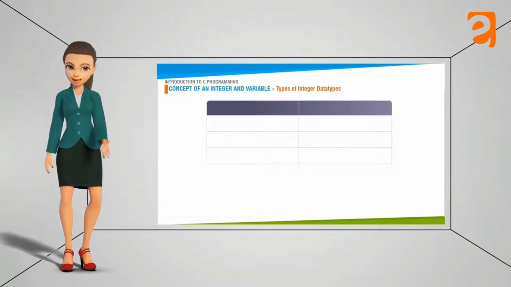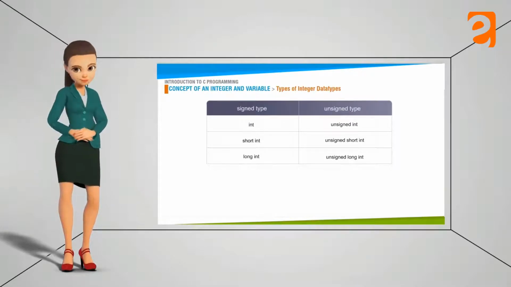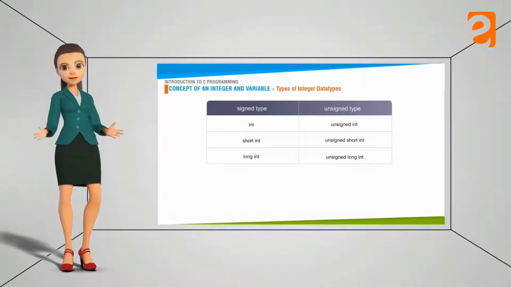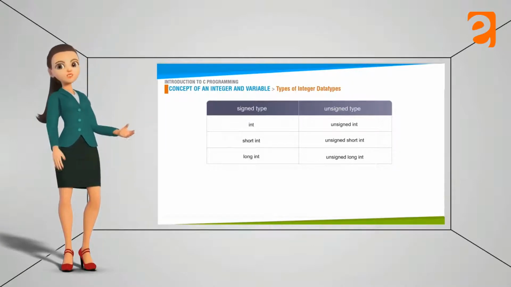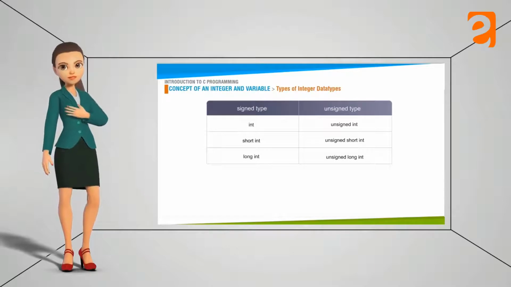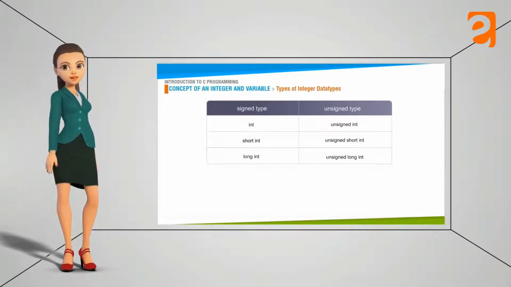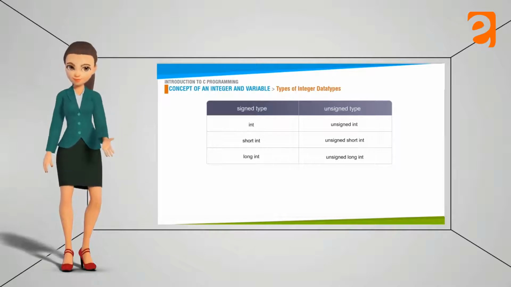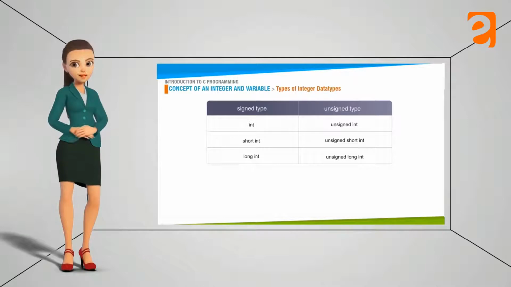Integer data types are broadly classified into two types, namely signed type and unsigned type. Int, short int, and long int come under signed type, whereas unsigned int, unsigned short int, and unsigned long int come under unsigned type.